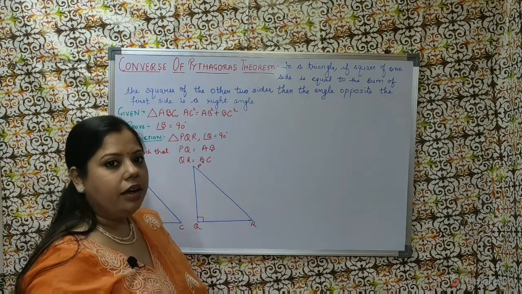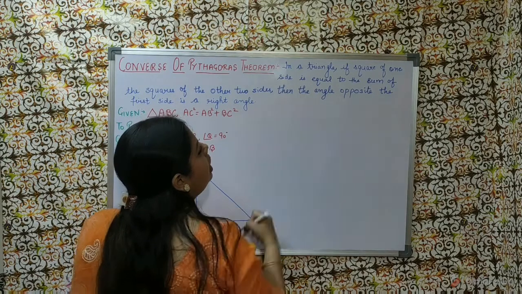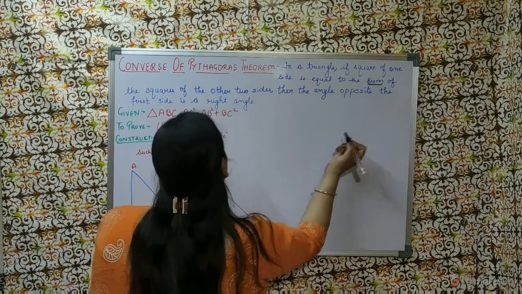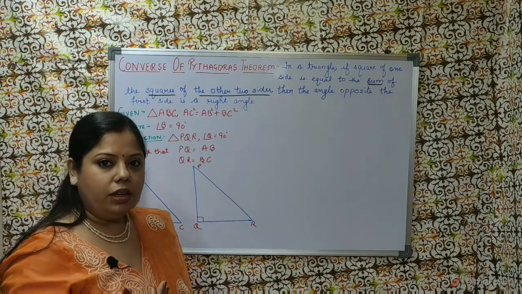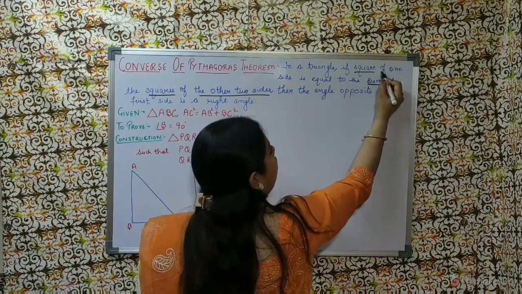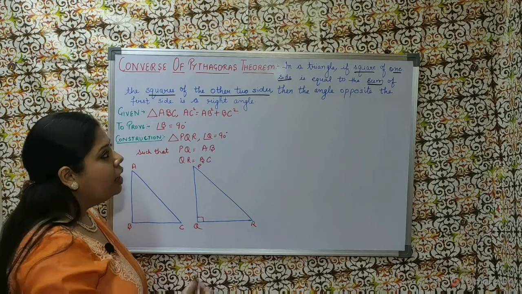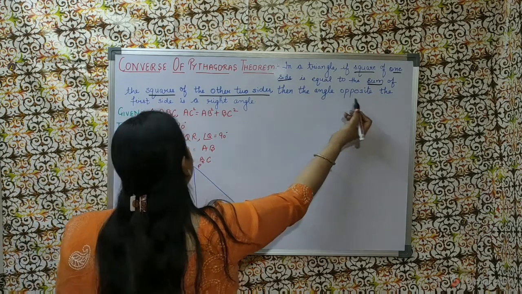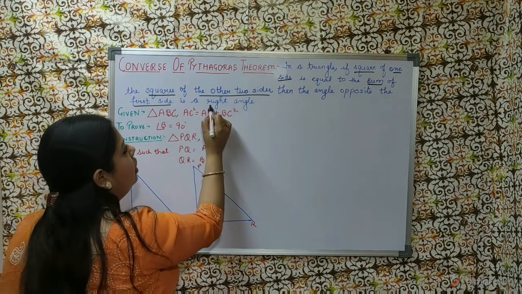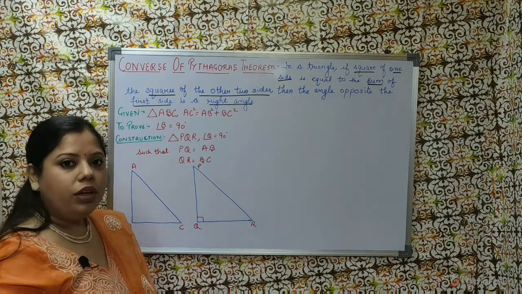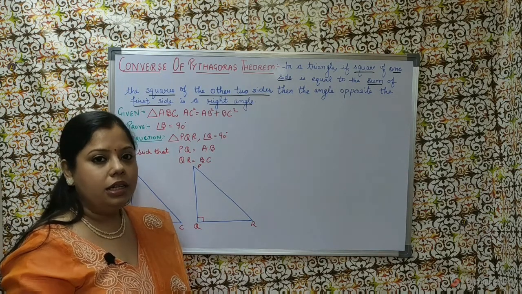In a triangle we have three sides, and if the square of one side is equal to the sum of squares of the other two sides, that is the given relation, then we have to show that the triangle we are talking about is a right angled triangle.